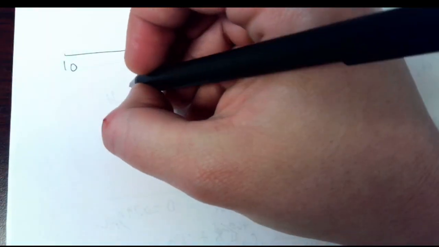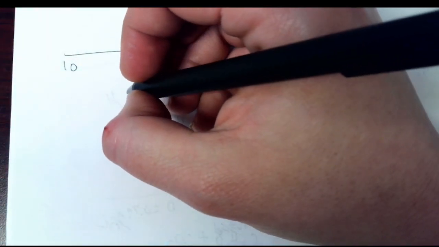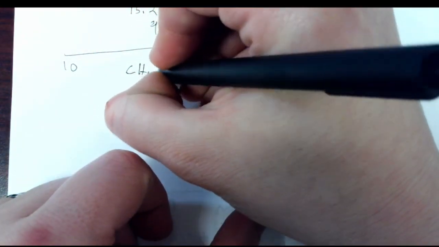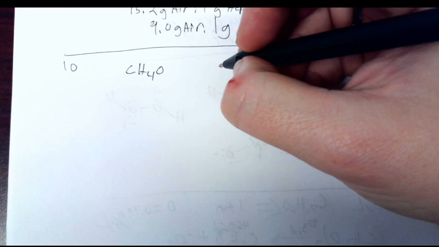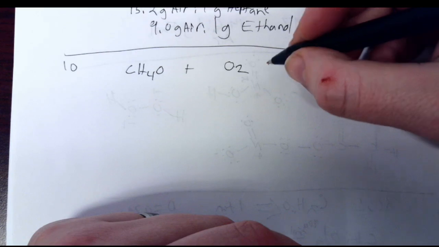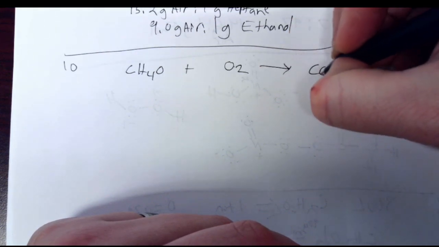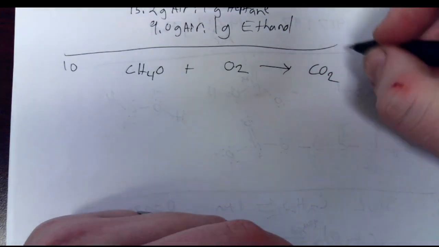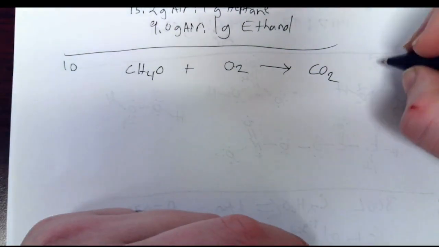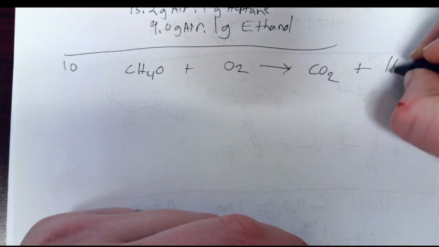So, methanol, it'd be CH4O. And we have O2, and we're going to go to CO2 and H2O.